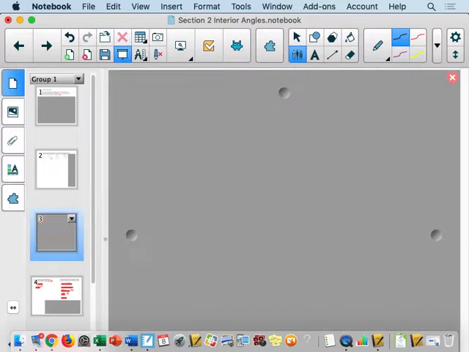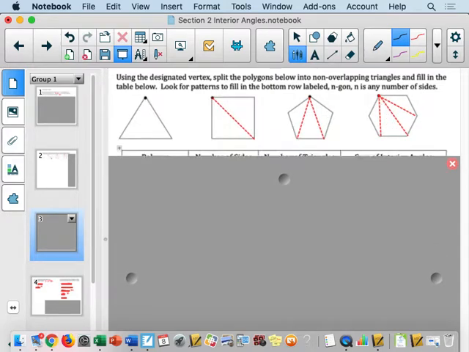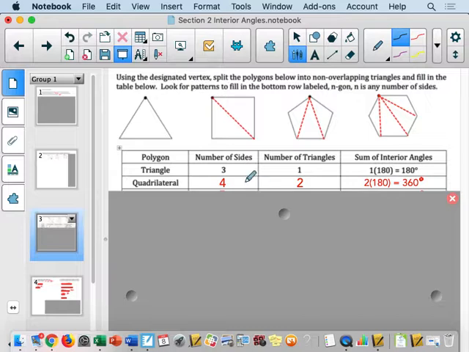Let's go through this table here, using this information that we have. Triangle has three sides. There's one total triangle on the interior, and so 1 times 180 is 180. A quadrilateral has four sides, and I was able to divide it into two triangles, and 2 times 180 is 360.